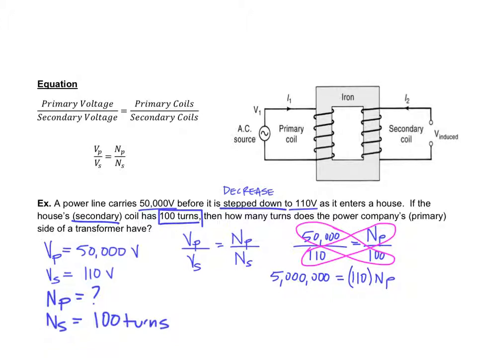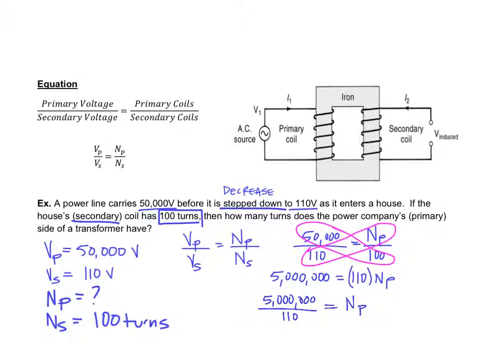If I want to get Np by itself, and it's being multiplied by 110, the opposite is to divide by 110. So I get 5 million divided by 110 equals primary coils.